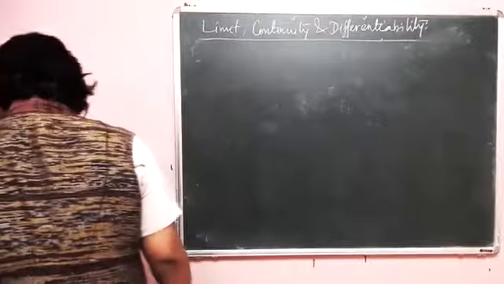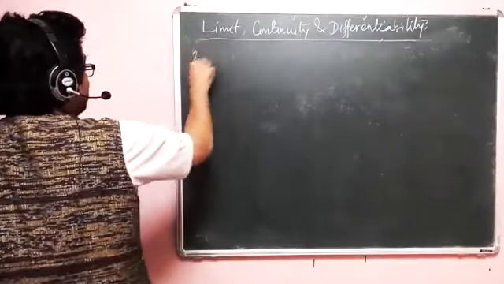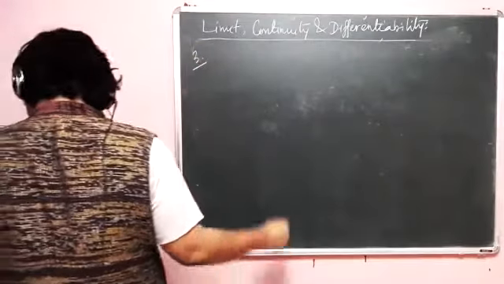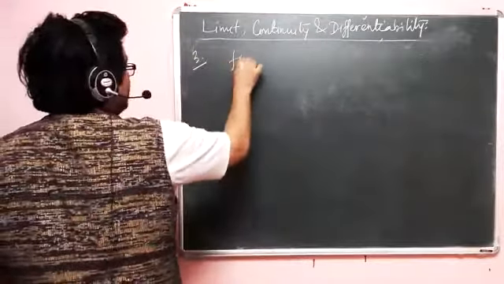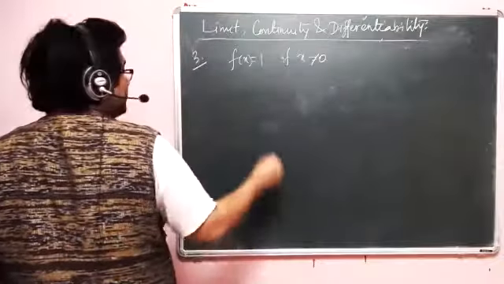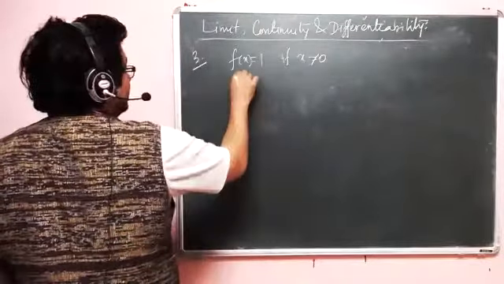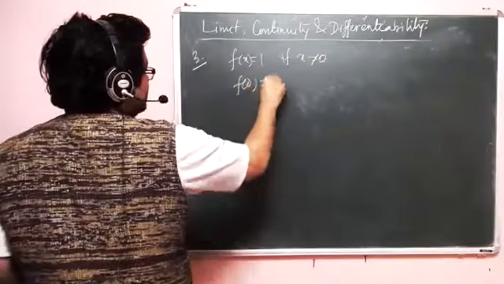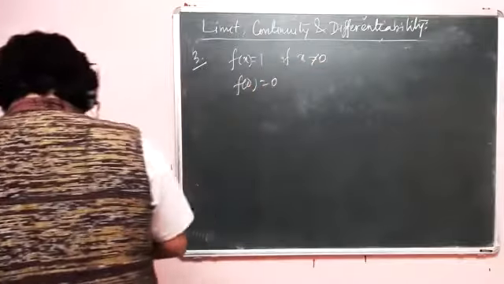So the third one is f(x) equals 1 if x not equals 0, and f(0) equals 0. Let's look at this function.